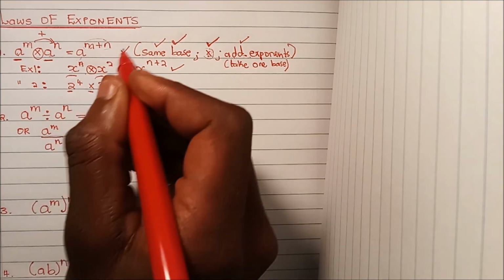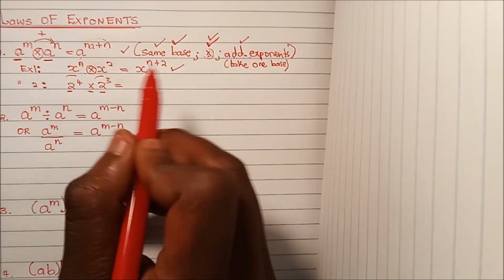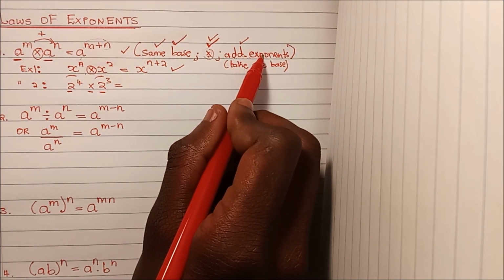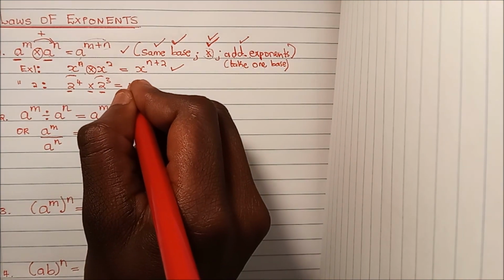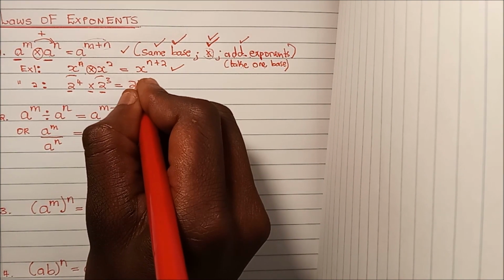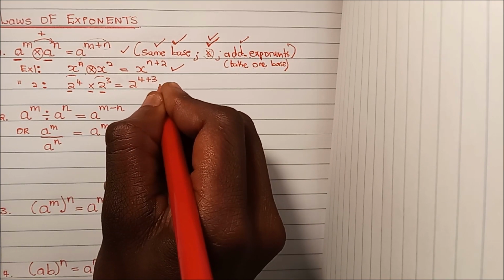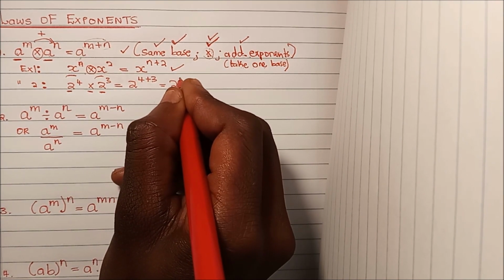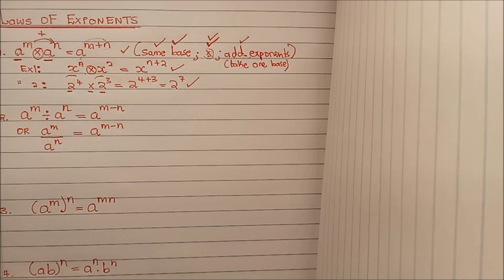Yes, it's multiply, so it's a mark. And then what do you do with the exponents? You add the exponents, but taking into consideration that you take one base. So it's going to be 2 to the power of 4 plus 3, and that will give us 2 to the power of 7. Then we applied the law.